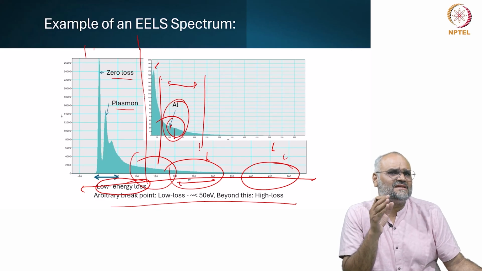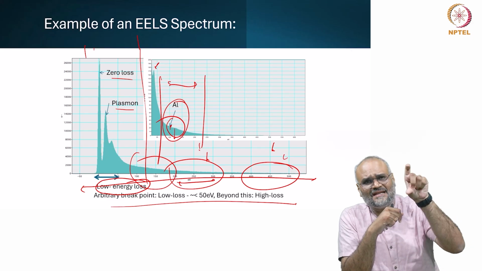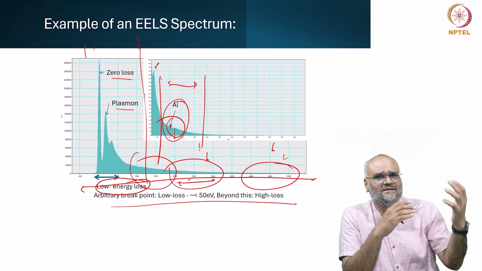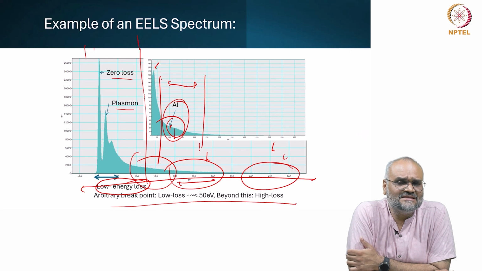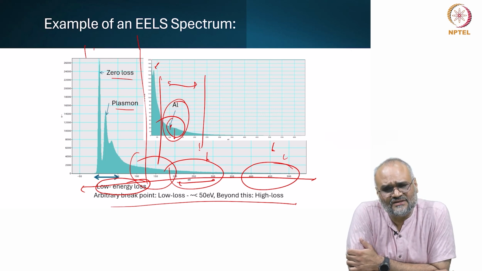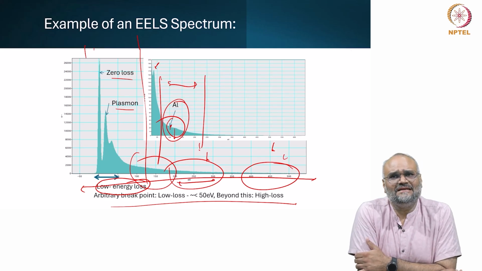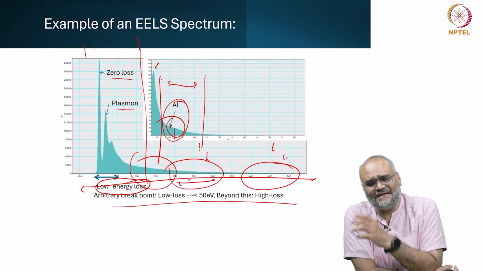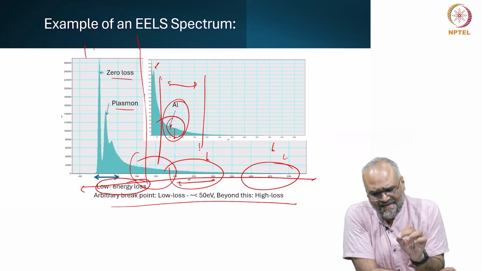So this is an extremely powerful tool, provided you know what the thickness of the specimen is. Again, getting quantitative data from EELS takes a lot of effort. There are a host of parameters that you need to know: the collection angle, and if I'm scanning from different areas, the illumination conditions should also be exactly the same.